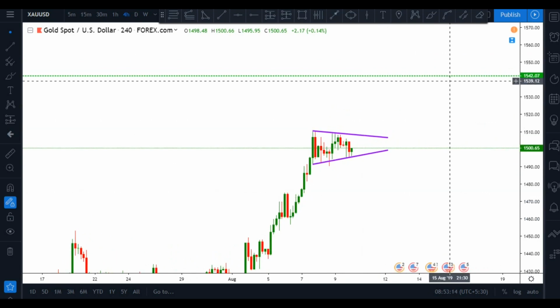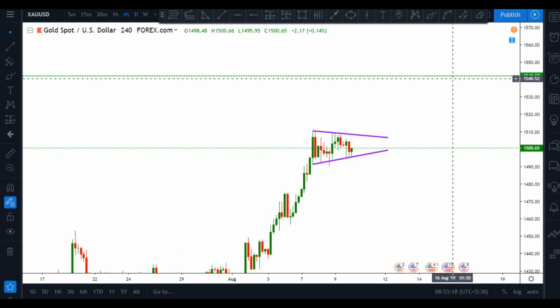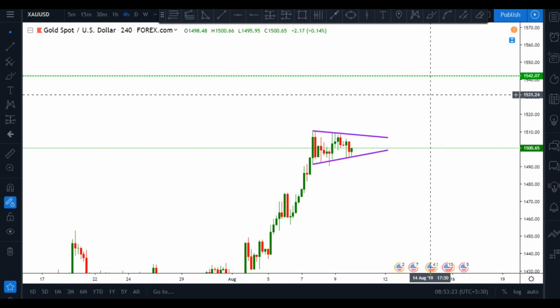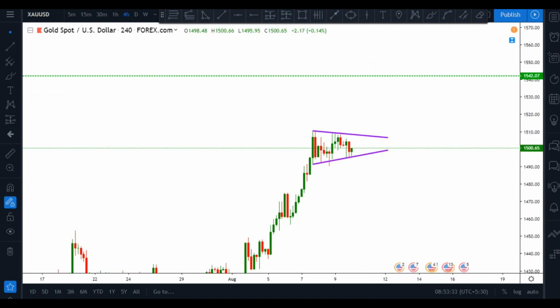It is the 1542.07 structure level, which has been a nicely well-respected structure level from 2011 to 2013.